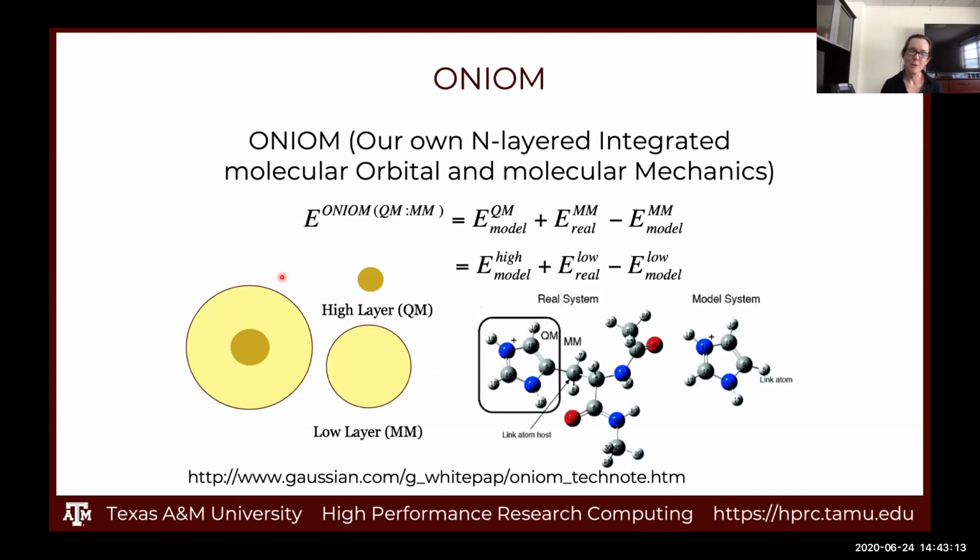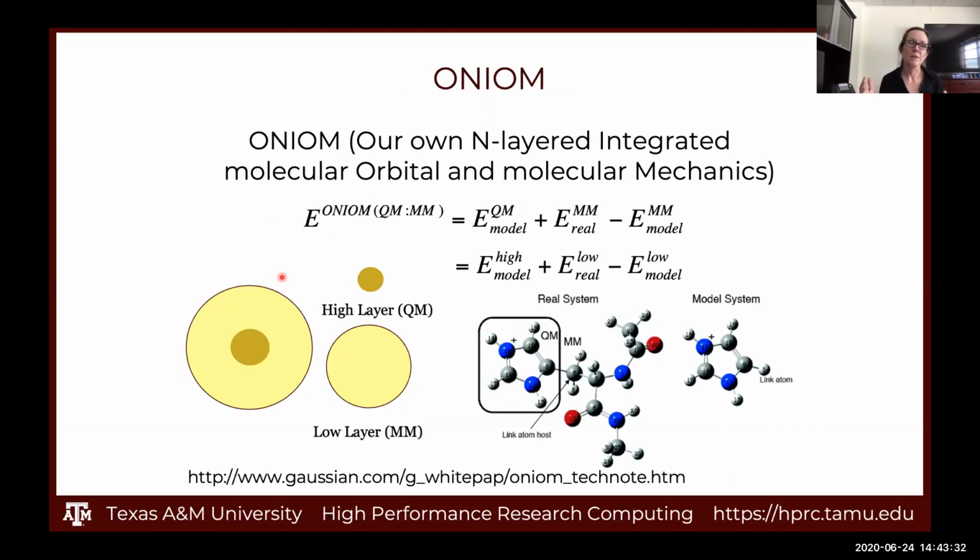Okay, so what are we going to use the molecular mechanics for? We're going to use it in ONIOM calculation. When you have a very big system, sometimes trying to do the big system at the high level of theory, even density functional theory or Hartree-Fock, is really computationally intensive or out of reach.